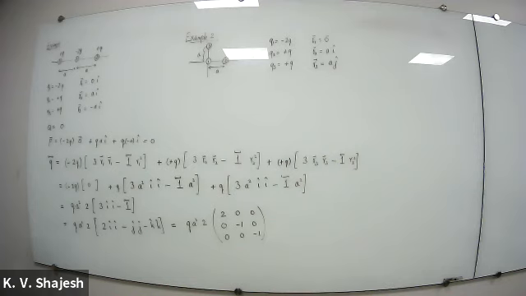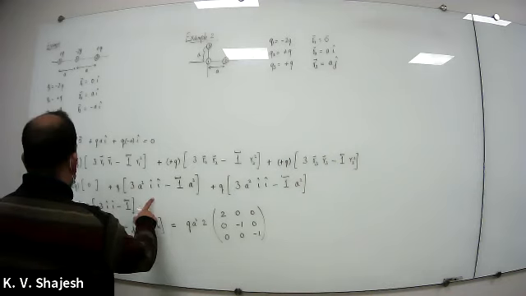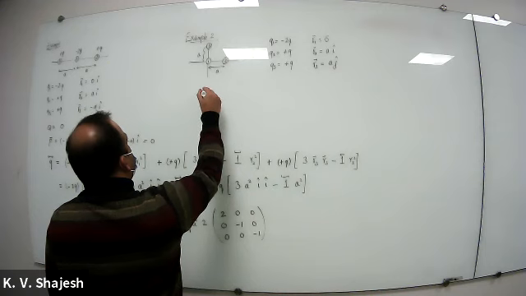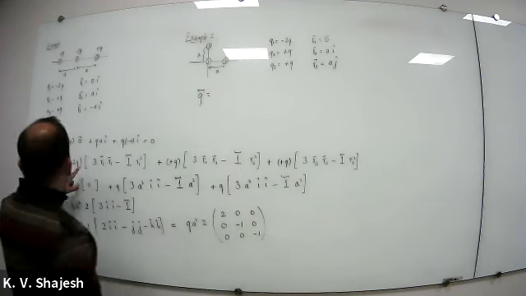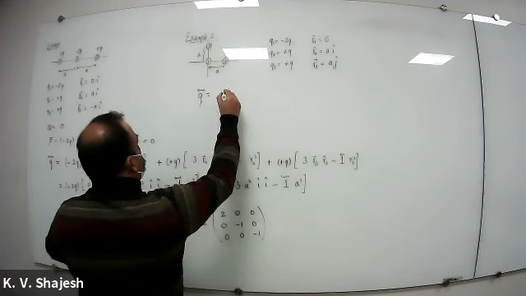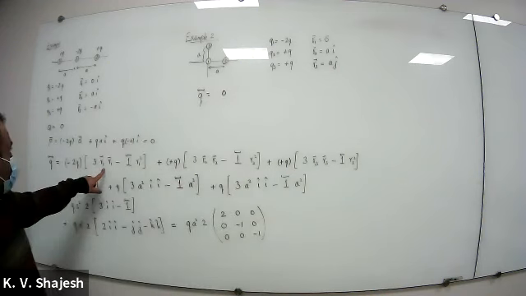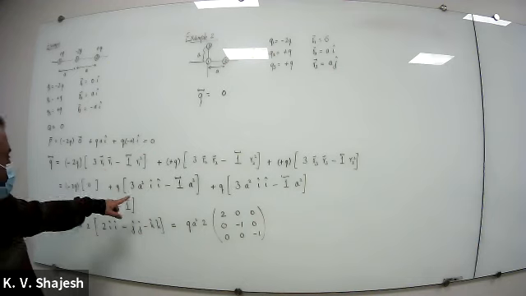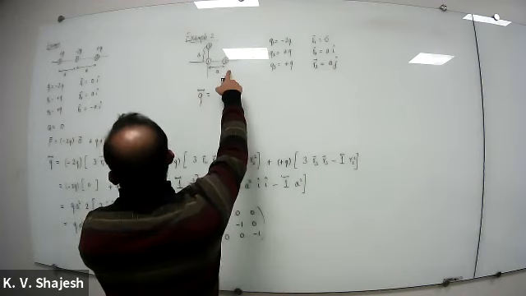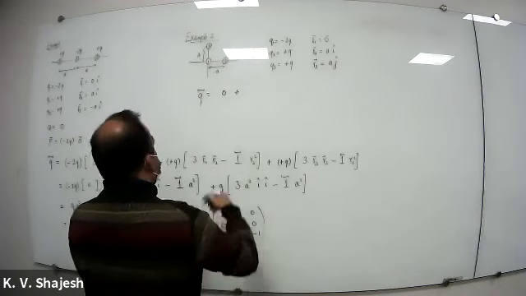Most of the things will remain the same here. The first piece remains the same, so that's 0. Q1 will be 0 still because R1 is still 0. For charge 2, this is still on plus A with respect to this origin.